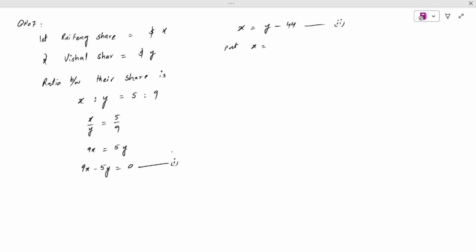Putting X equals Y minus 44 in equation 1, we get 9 times Y minus 44 minus 5Y equals 0. Multiplying by 9, we get 9Y minus 44 nines are 396.